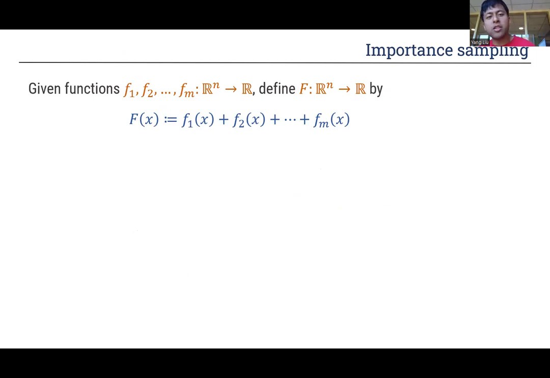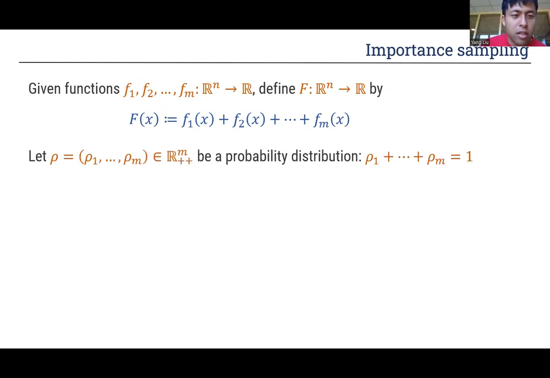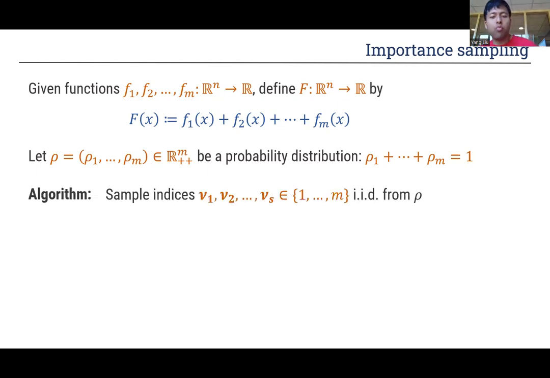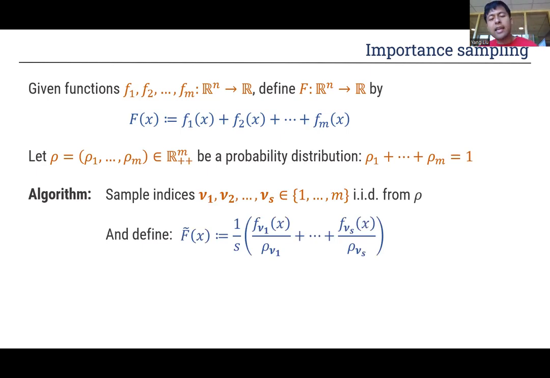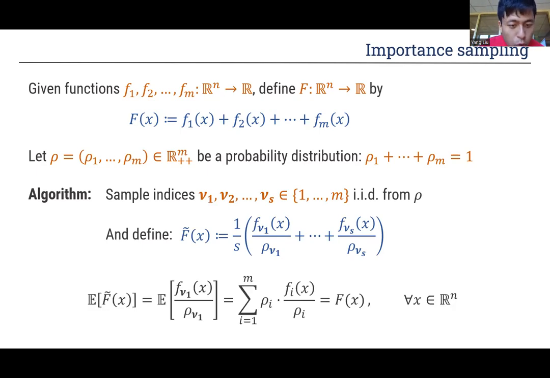As with all sparsification, our algorithm is based on importance sampling. In importance sampling, given the functions f1 through fm and their sum, the goal is to find a probability distribution rho over the m functions f1 through fm, such that if you were to sample indices from the probability distribution rho, and then take an unbiased average of these samples, you hope that it's a sparsifier.